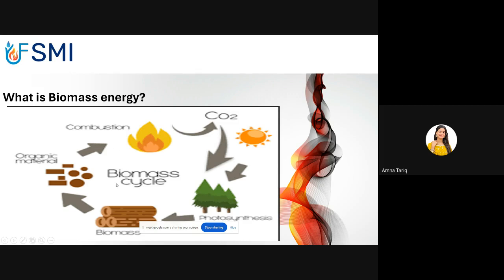In this cycle, we see that photosynthesis starts when the rays of the sun strike the tree, and biomass. We can also see biomass, organic material, combustion, and the carbon dioxide released. And this released carbon dioxide is also absorbed by forests or trees.